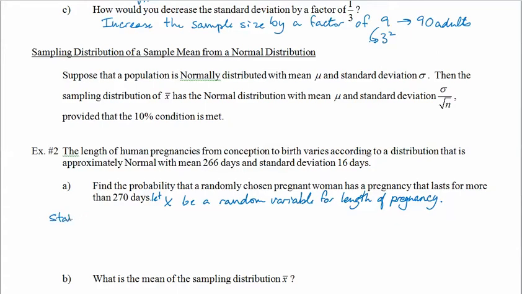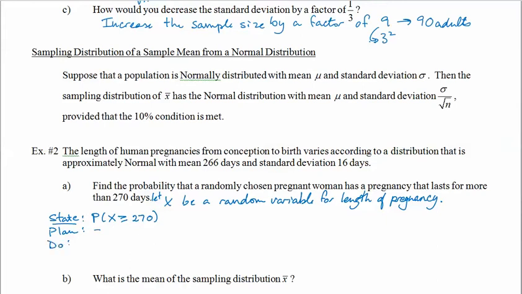So first of all, state. We're looking for P(X greater than or equal to 270). Plan. Well, we do need to check the 10% condition. We're going to assume here that it meets the condition because the population is very large, so we're not going to add anything there.